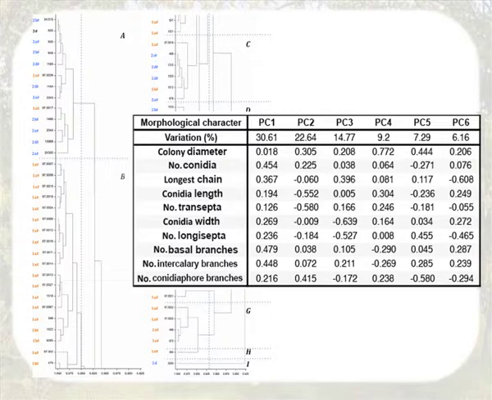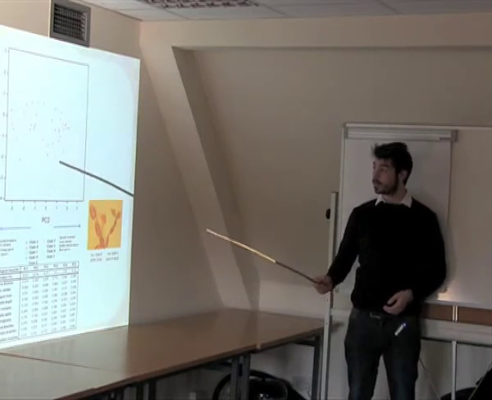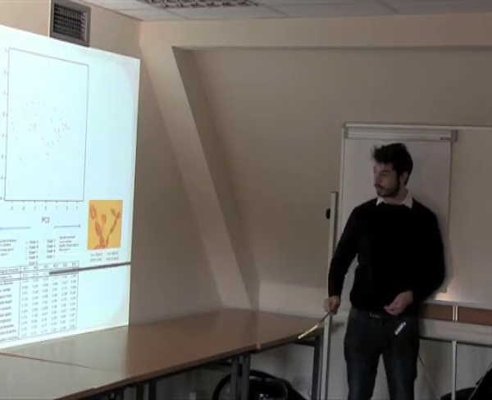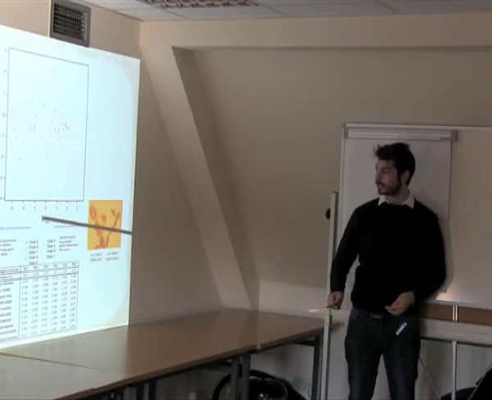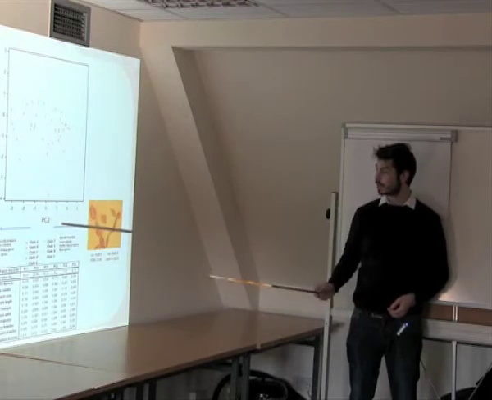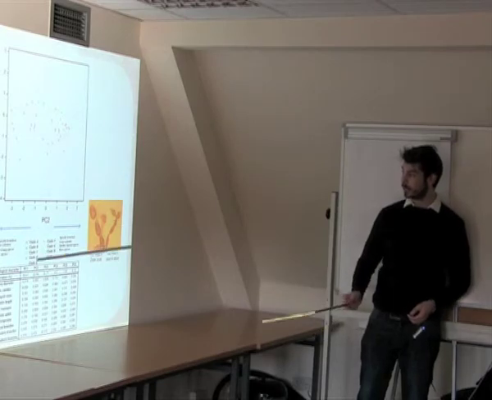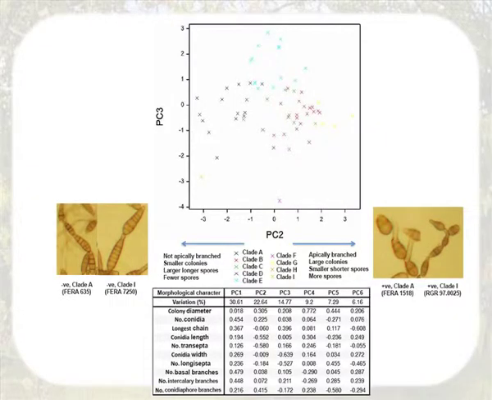And we did this by plotting the residuals for each isolate according to a particular principal component. So this is separating out our isolates on the basis of principal component 2 on this axis and principal component 3 on this axis. And just taking principal component 2 as an example at the moment, isolates which score positively for principal component 2, as we can see by the weightings that we have attributed to particular components here, typically have certain morphologies.